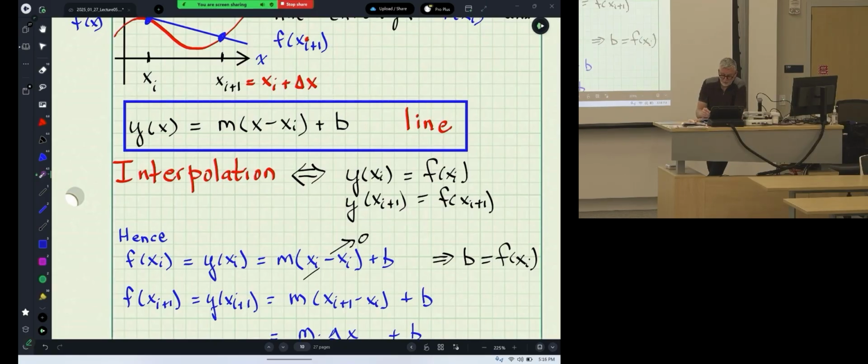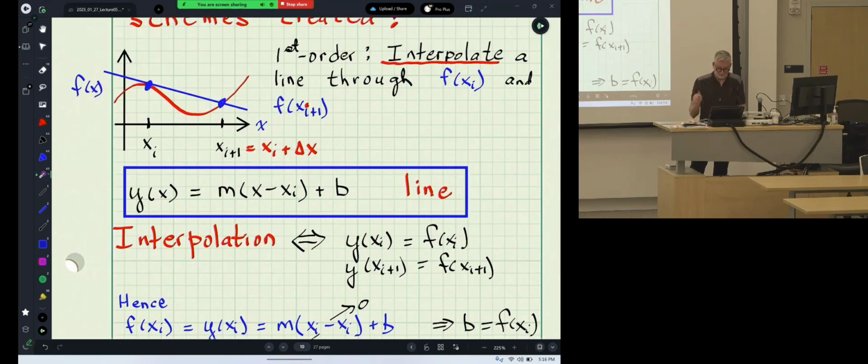Okay, so they interpolate if y of xi equals f of xi and y of xi plus 1 equals f of xi plus 1. Okay, so I'm defining the word interpolate. Interpolate means the two functions agree on a set of nodes that we have in the x-plane that we're using for our integration.